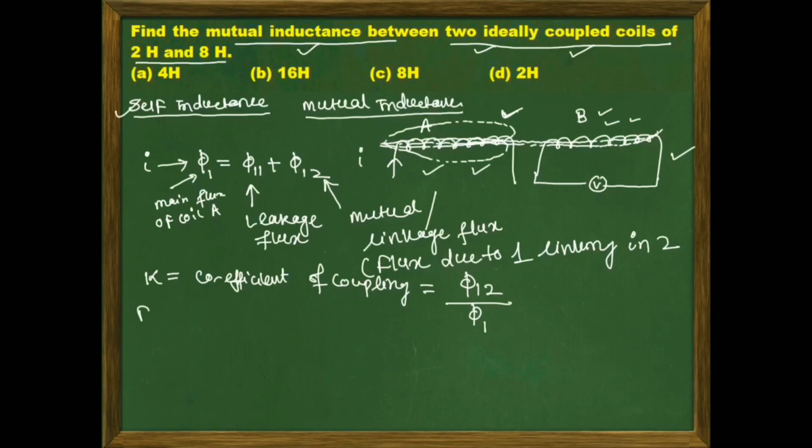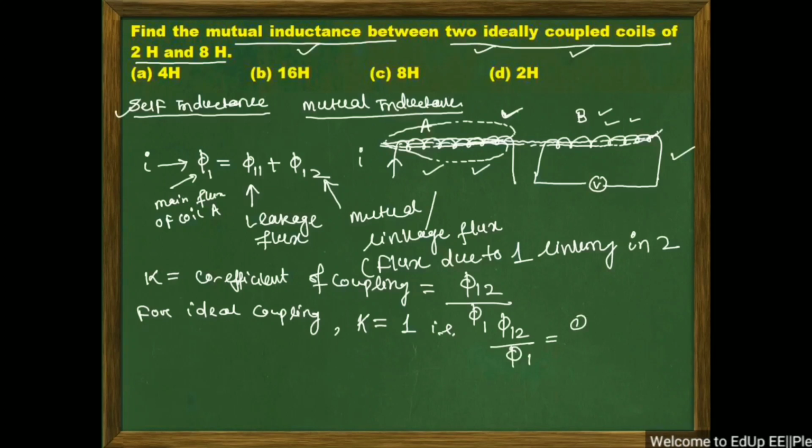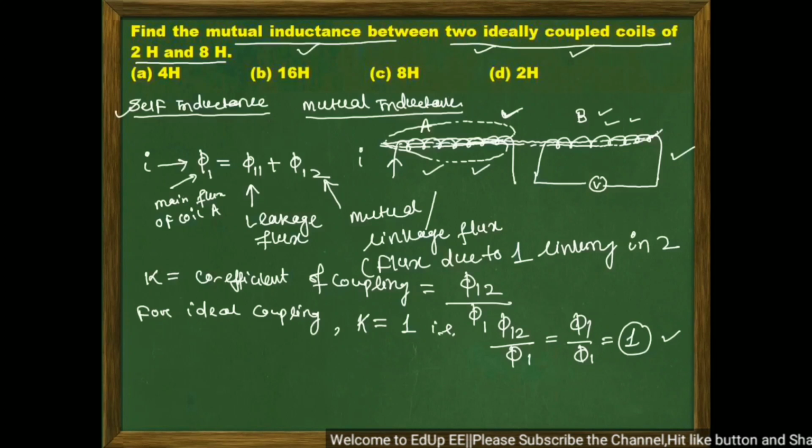Now for ideal coupling, K equal to 1, that is there is no leakage flux, so phi 11 is 0. Now phi 1 by phi 1 equal to 1, but this is practically not possible.